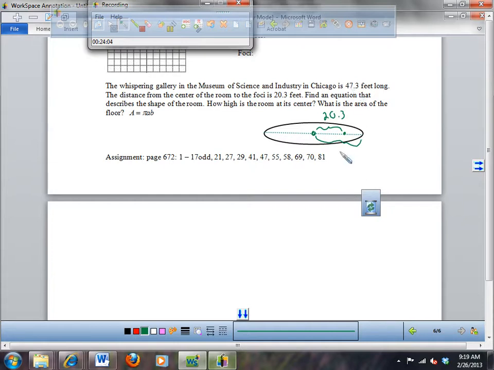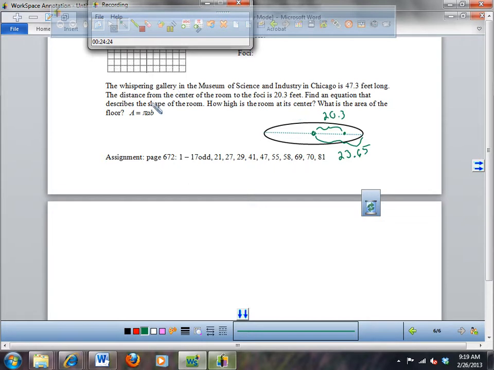What's that going to be? 23.65. The entire thing is 47.3, so from the center out to here would be half of that, which is 23.65.